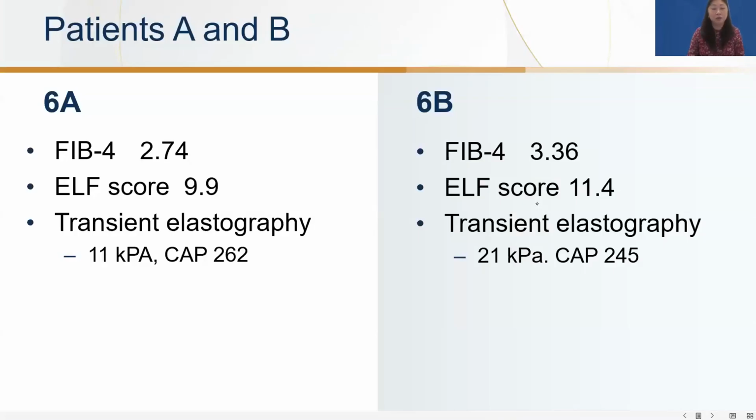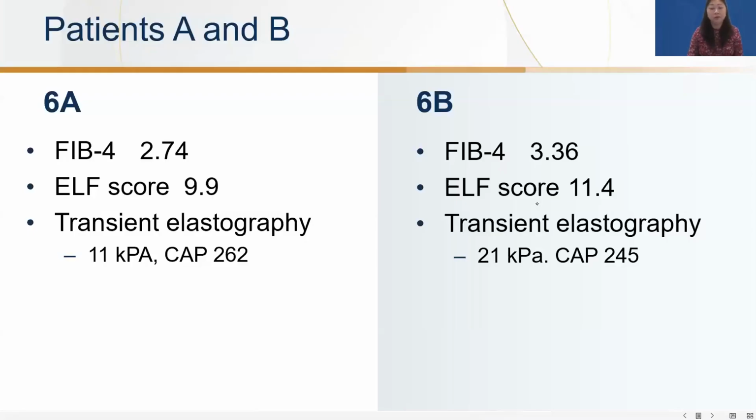So let's take a step back and recap. So we have 2 patients with the same history profile. So for patient 6A, his FIB-4 is 2.74, his ELF score is 9.9, and his transient elastography is 11 kilopascal, all pointing to F3 fibrosis. So for this particular patient, he's at that window where if you intervene, you can potentially halt his fibrosis or even reverse it.